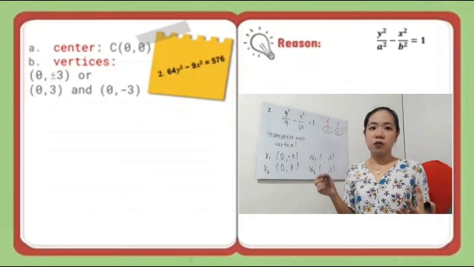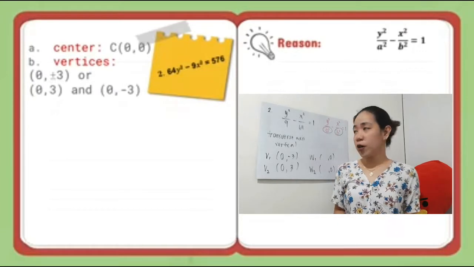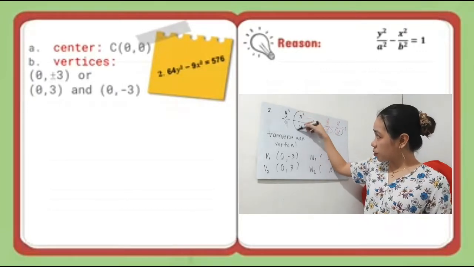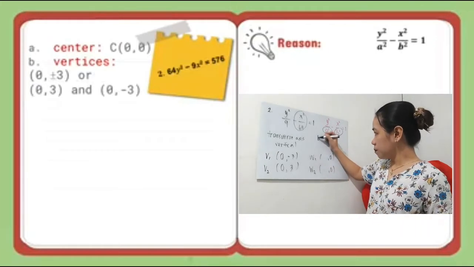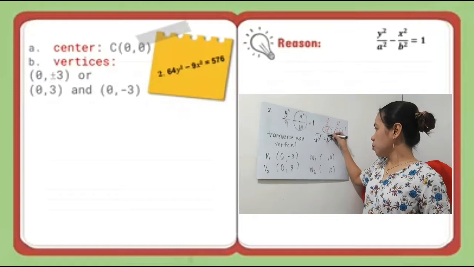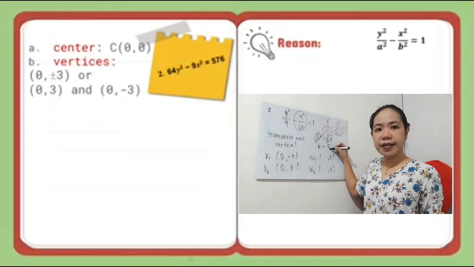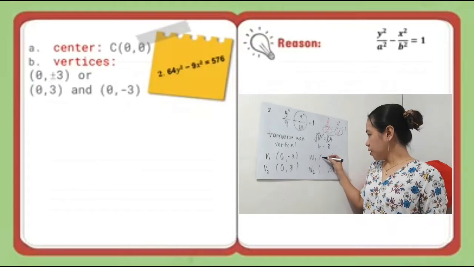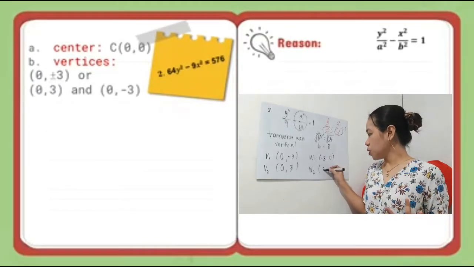On the equation, b squared is the denominator of x squared, and that is 64. So b squared is equal to 64. Get the square root of both sides: b is the square root of 64, which is 8. So w sub 1 is at (negative 8, 0) and w sub 2 is at (8, 0).